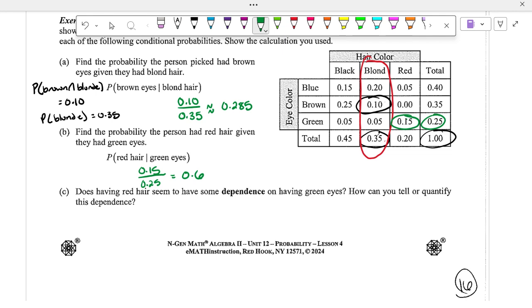So let's check if they're independent of each other, because the opposite of independent is dependent. We already found the probability of red hair given green eyes. So to find independence, what's the other one we have to check?